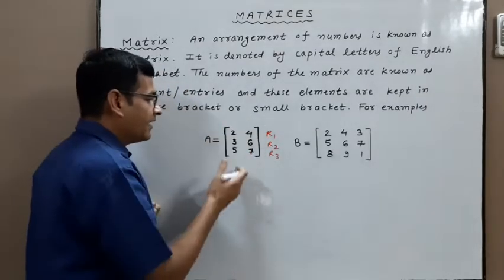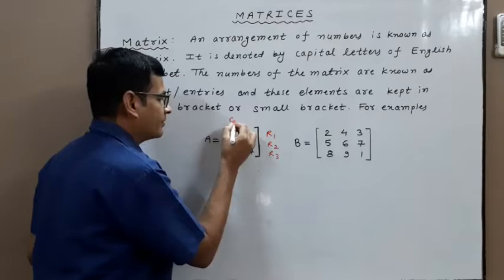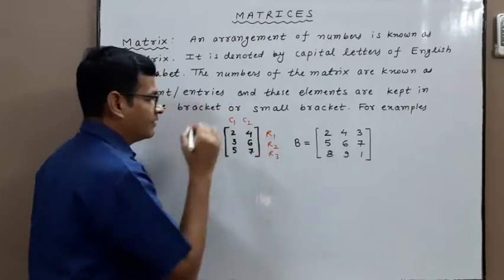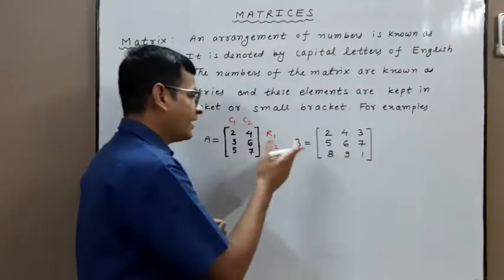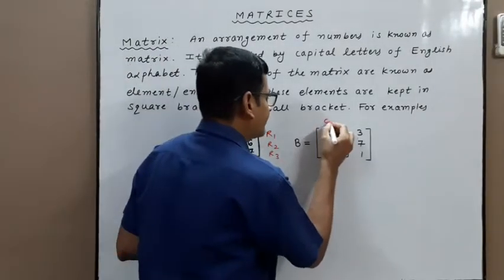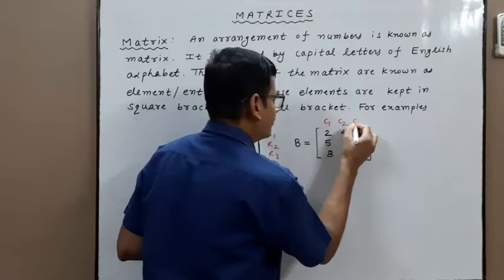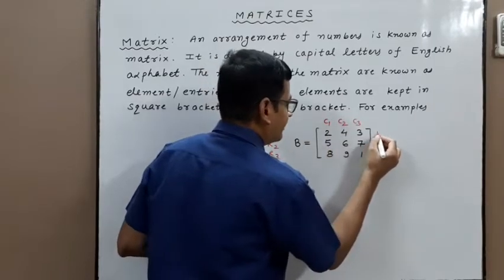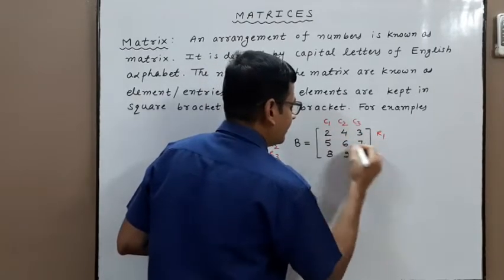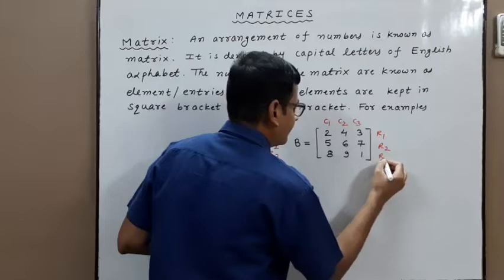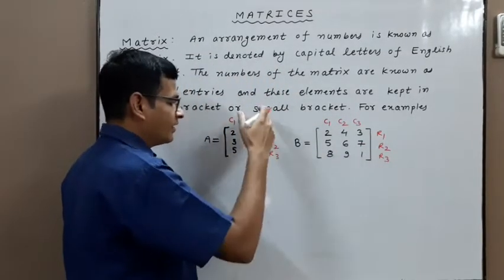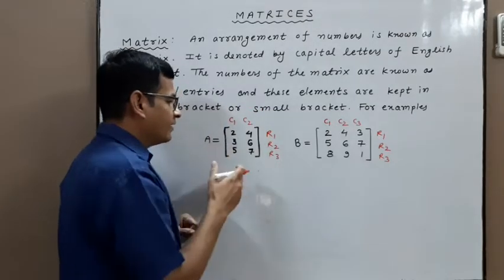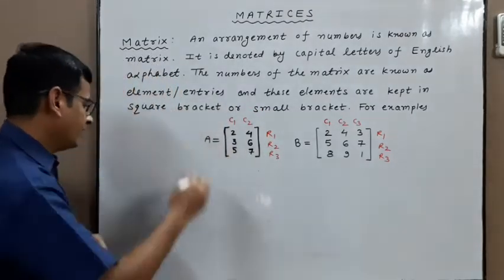And the vertical lines are known as columns, C1, C2. Same as in an Excel sheet of a computer. In the second matrix, there are 3 columns C1, C2, C3 and 3 rows R1, R2, R3. So the conclusion is horizontal lines are known as rows and vertical lines are known as columns.